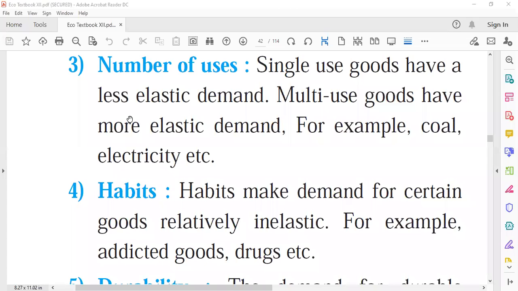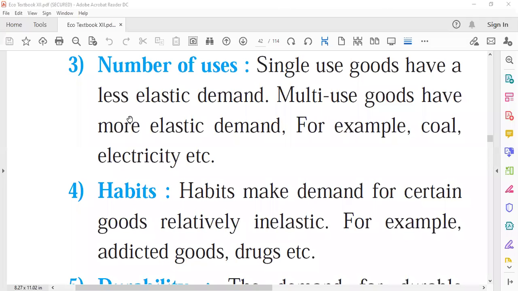Electricity can be used for cooking, ironing, washing, music system, watching movies, fan, AC.